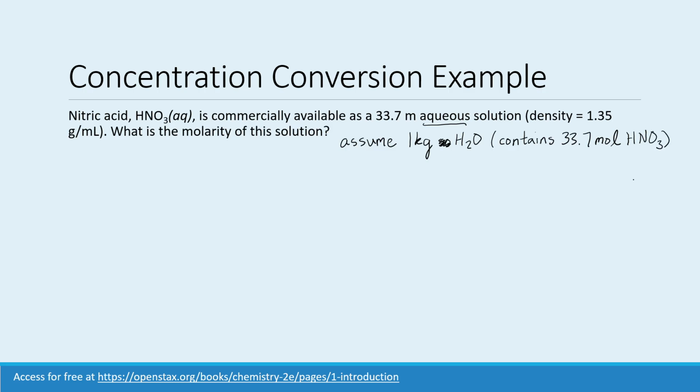Okay, now given that information, and of course I know that it's 33.7 moles per 1 kilogram because of molality, right? 33.7 molal concentration tells you that it's 33.7 moles of solute per 1 kilogram of solvent. So given that information, I'm going to determine the mass of my nitric acid in 1 kilogram of solvent.